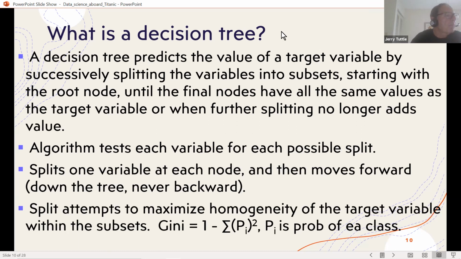That's not this one. The decision tree we're going to use is one that predicts the value of the dependent variable by successively splitting the variables into subsets. We're going to start at something called the root node, and we're going to continue making these partitions until further splits no longer add any value.